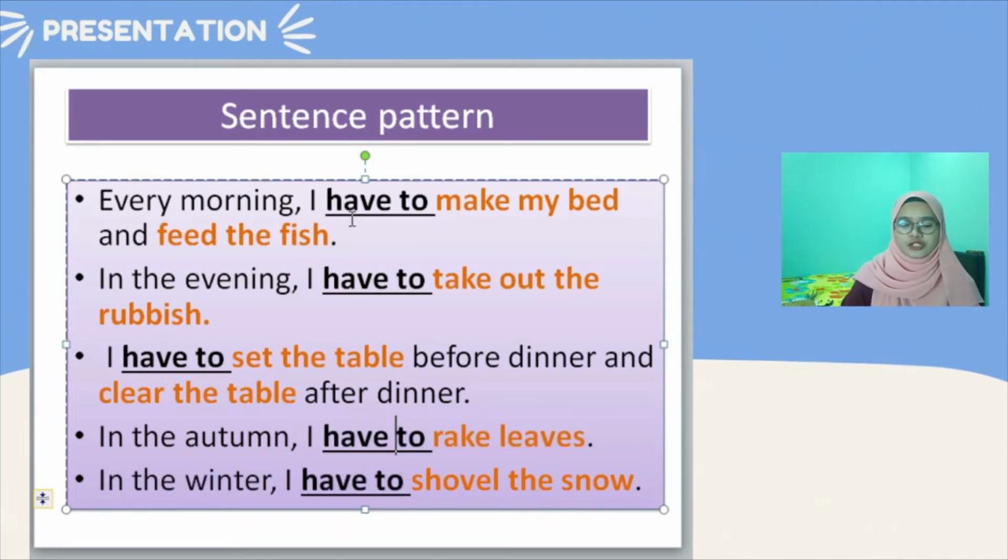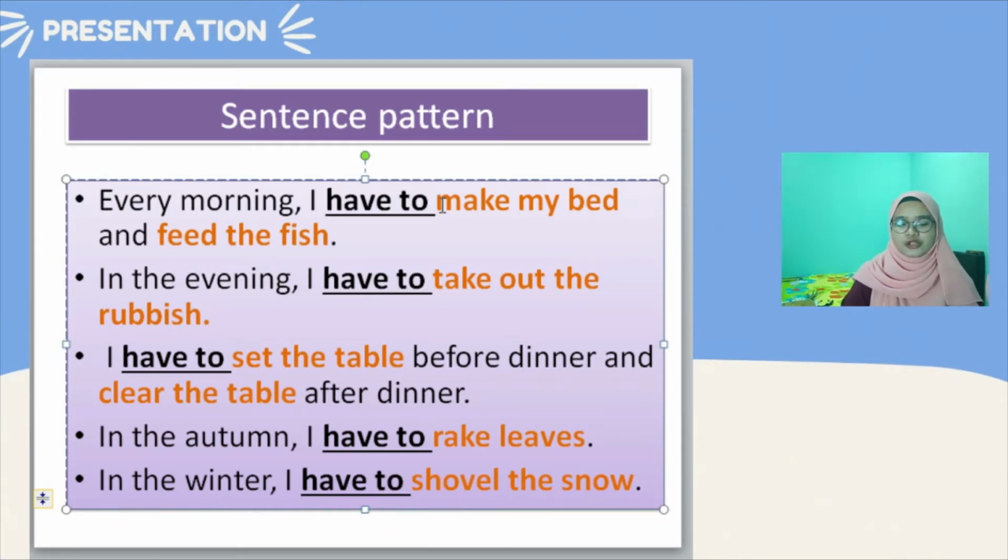So the phrase have to here represents verb to have. Then what are the phrases that I have colored in orange? The phrases that I have put in orange color here represent housework. Housework here also works as complement.